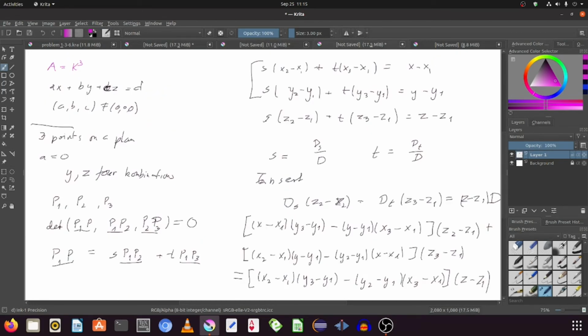Now, in this case, finite field, we have q squared, the number of points on a plane.